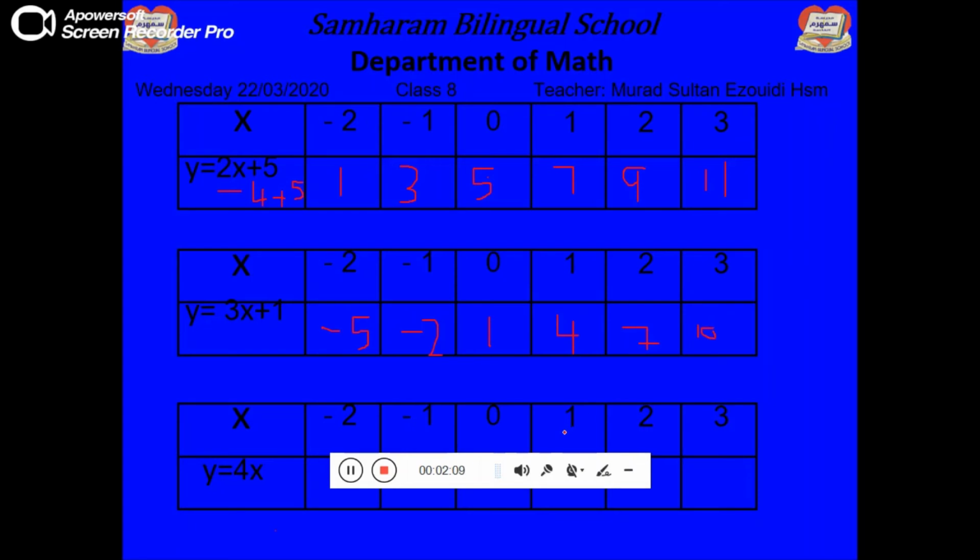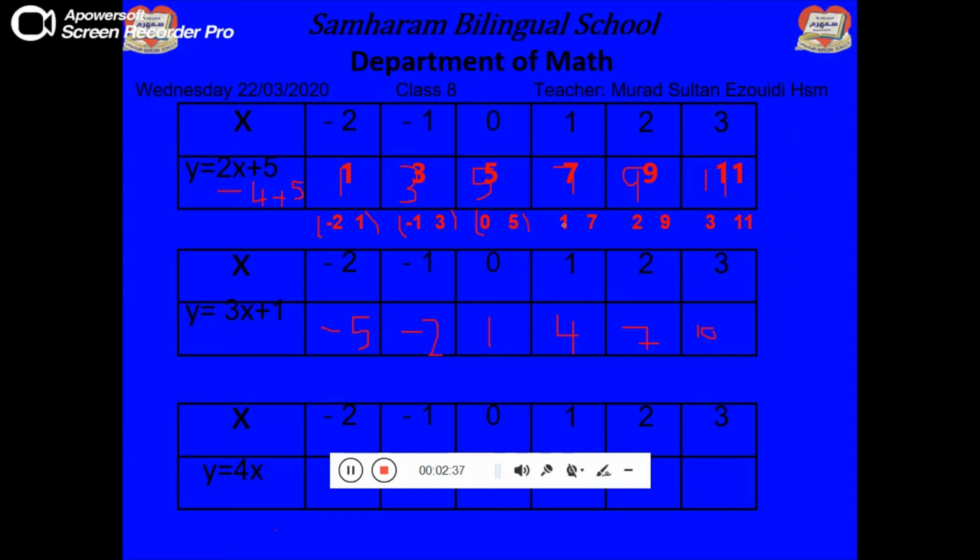Okay, the next one. Here we have 1, 3, 5, 7, 9, 11. For the next table, the coordinates of this are -2, -1, and here -1, 3. Then here 0, 5.